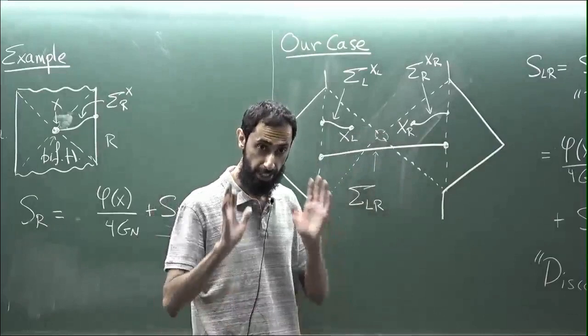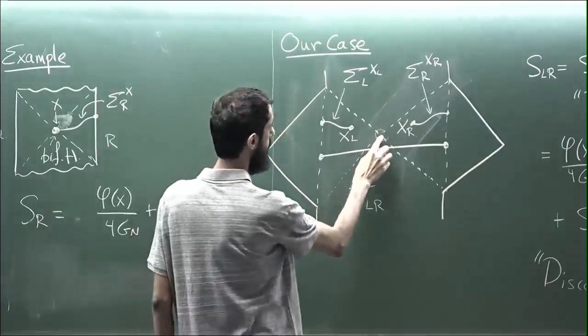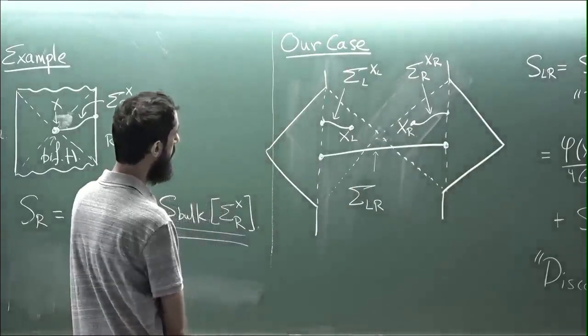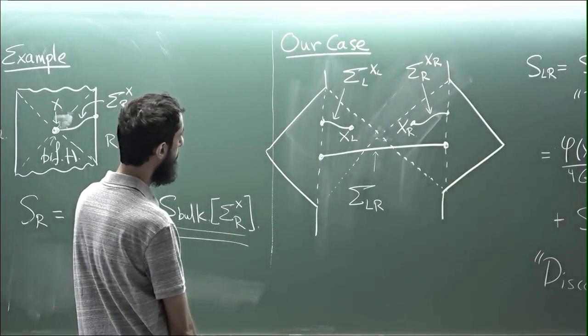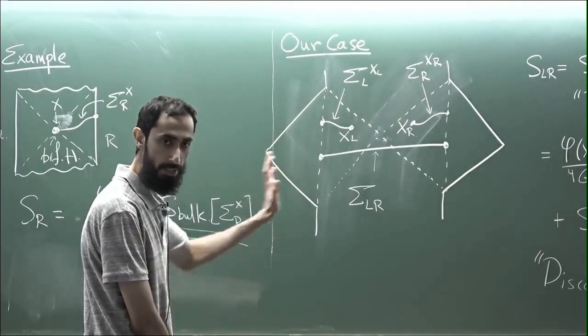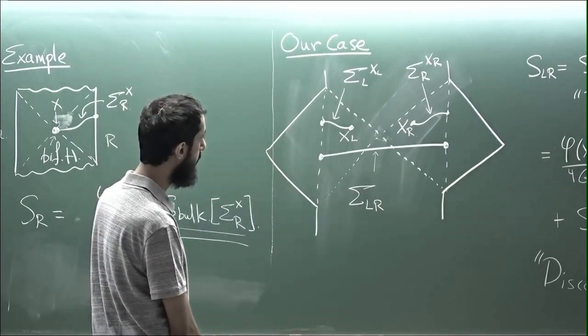Okay, that's a classical extremal surface. But that point is not going to make an appearance in what I'm going to say right now, although I might come back to it later.